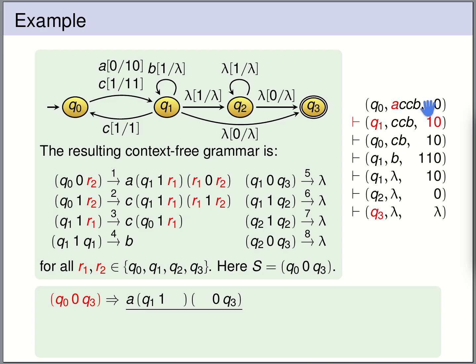The 0 has been replaced by 1 0. So we have now two variables here. One that has to remove the stack symbol 1, and the second variable has to remove the stack symbol 0. So now the question is, from Q1 via stack symbol 1 we have to go to some intermediate state, and then from the same intermediate state we have to go to Q3. So what intermediate state should we fill here?